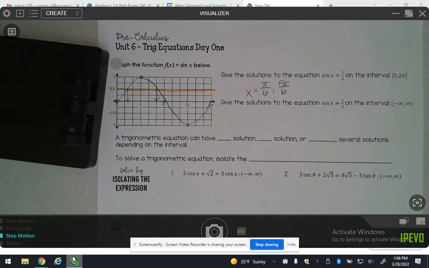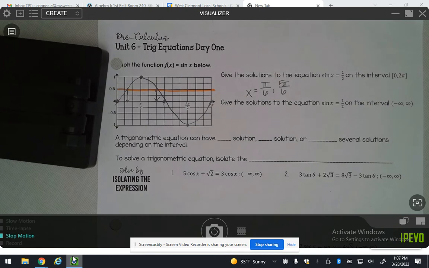It keeps repeating. If I'm at pi over 6, how long does it take me to get back there? 360 degrees, or 2 pi, right? Because it goes in a circle.